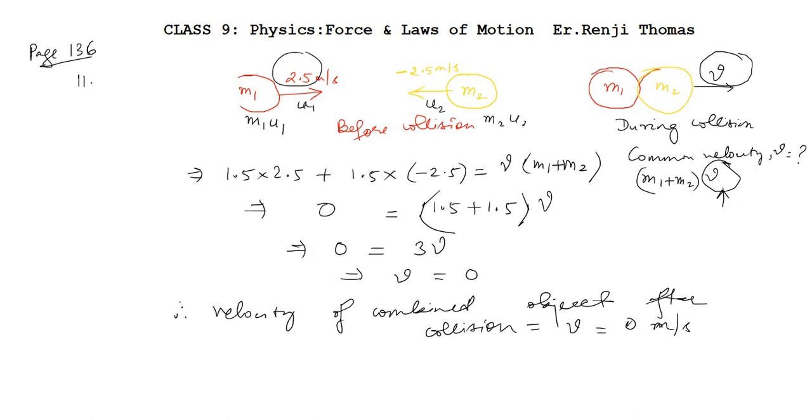Velocity becomes 0. Okay, so this is all about question number 11. Once again, kindly pause the video and copy it down, and if you have any doubts you can ask me. Okay, thanks for watching.